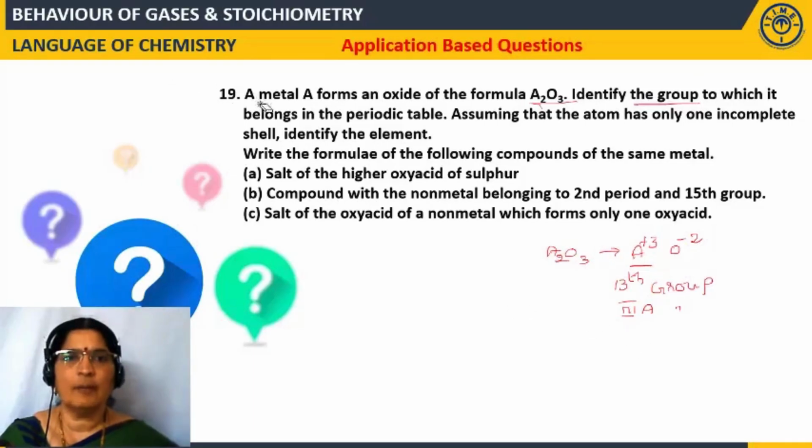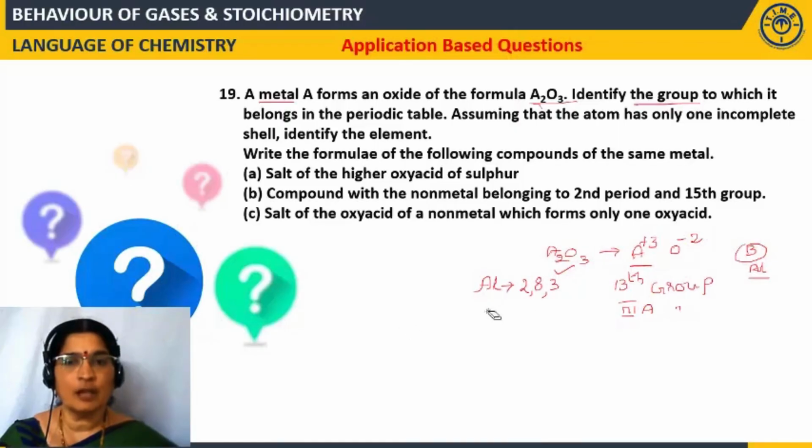So it is a metal. Therefore, 13th group elements, if you remember, are boron, aluminium, and so on. Boron is not a metal, so it's a non-metal, so we will avoid it. Aluminium, what's the configuration of aluminium? It is 2, 8, 3. So this has one incomplete shell, the third shell.